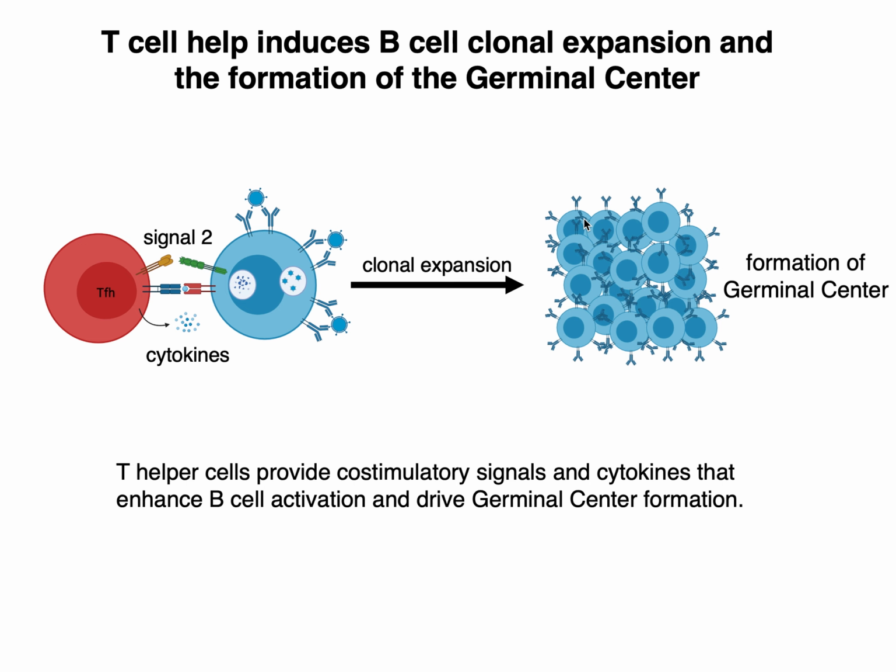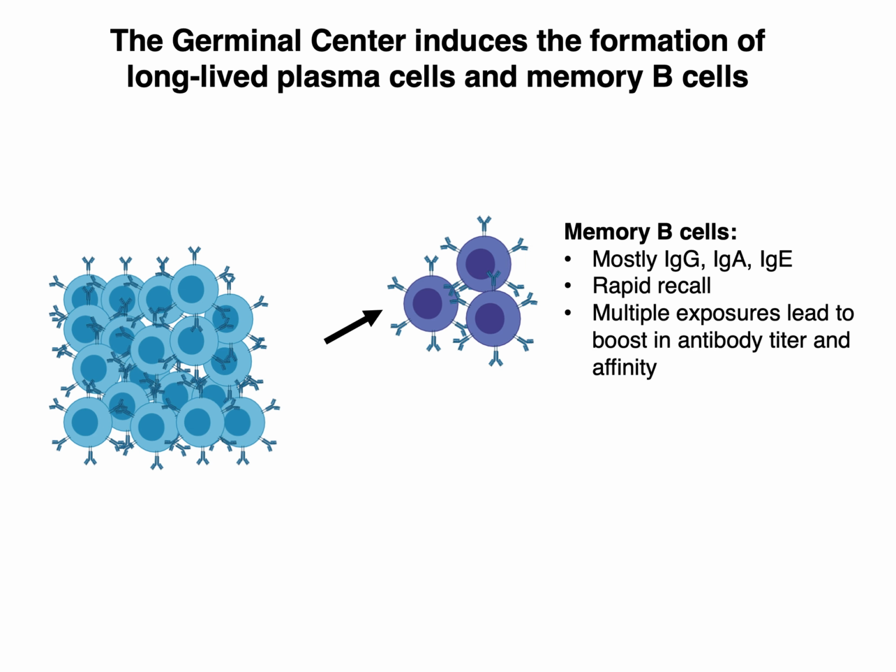Within the germinal center, there are two really important things that happen. One is that many of these B cells will go on to form memory B cells. These memory B cells will stop secreting antibodies, and they'll just sit around and wait until they see the antigen again that activated them the first time. And when that happens, they undergo a rapid recall response that enhances the antibody response overall.